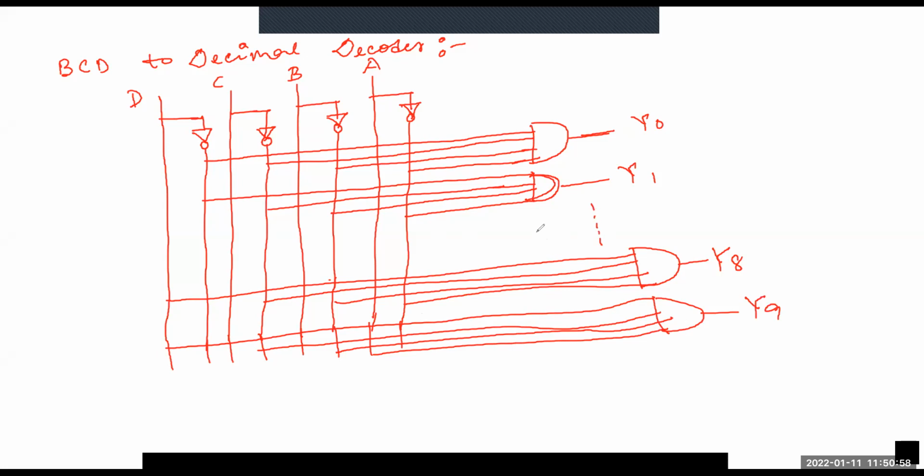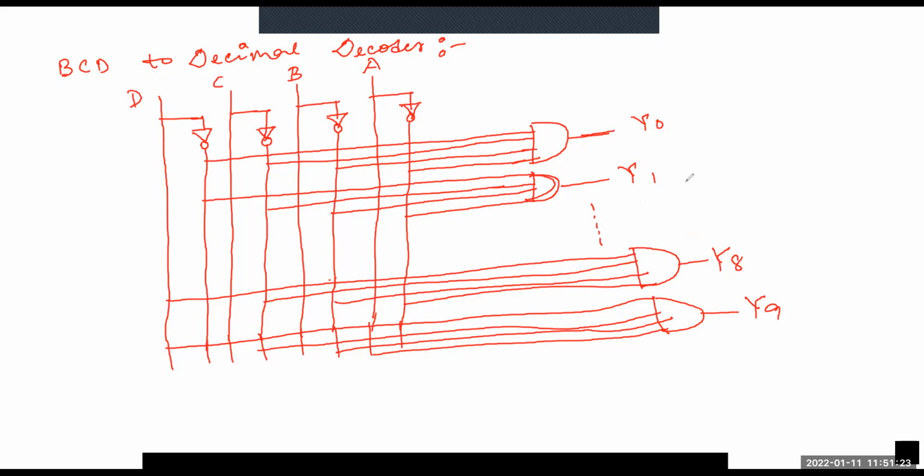For the case of the BCD to decimal decoder, there is a 4-bit BCD as an input code, and in the output you will see y0 to y9, but here I am not drawing all of them. So here it is drawn, y0, y1, up to y9.